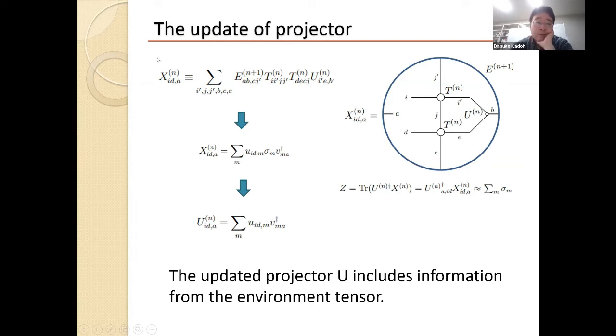Once Xn is given, we perform the SVD for this Xn.